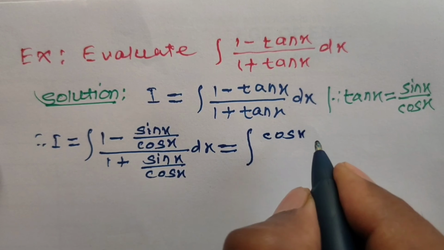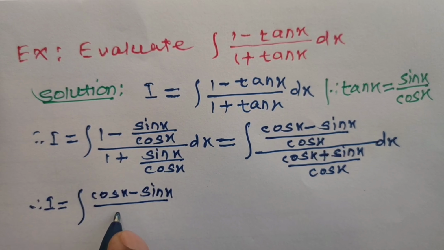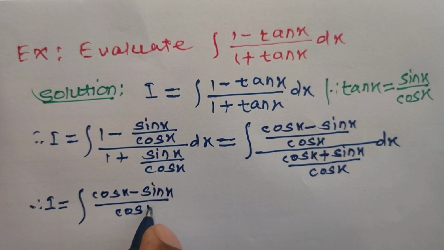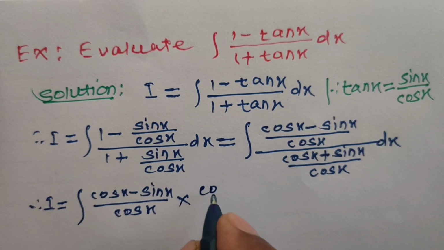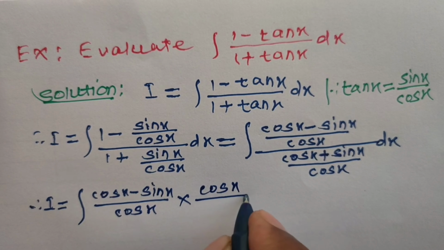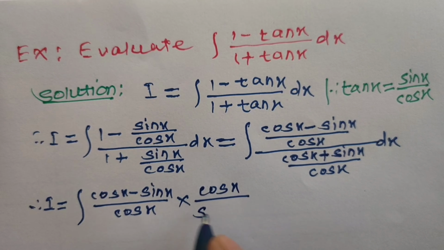Hence, I can be written as integral of cos x minus sin x divided by cos x. This is numerator into reciprocal of denominator, cos x divided by sin x plus cos x, integral with respect to x.